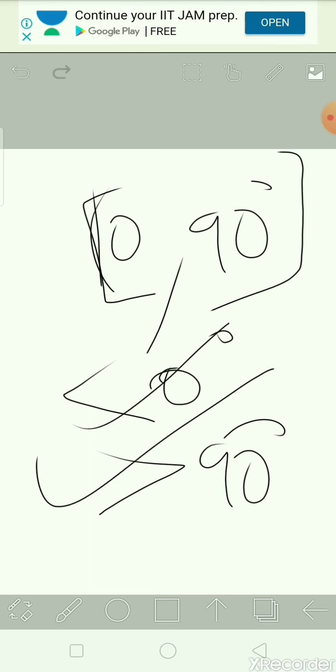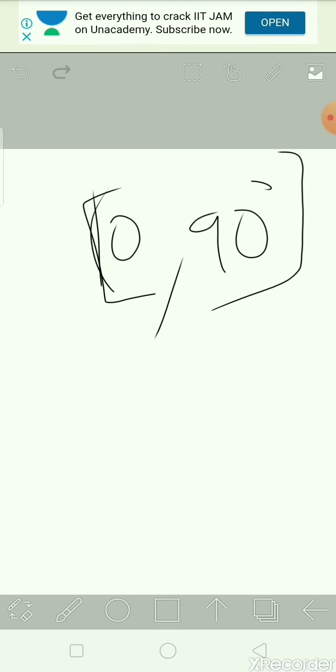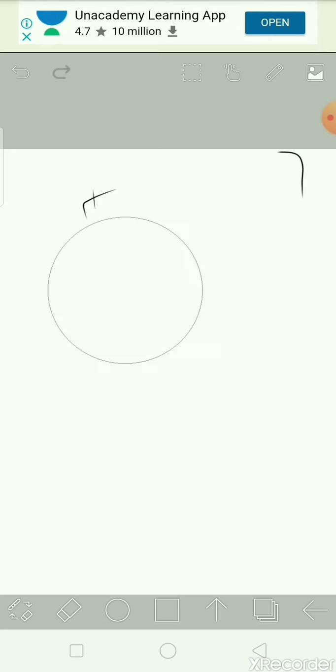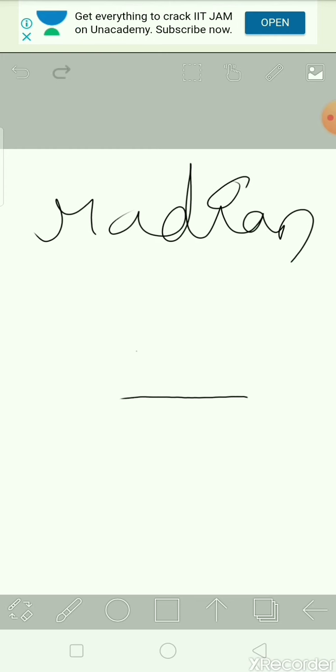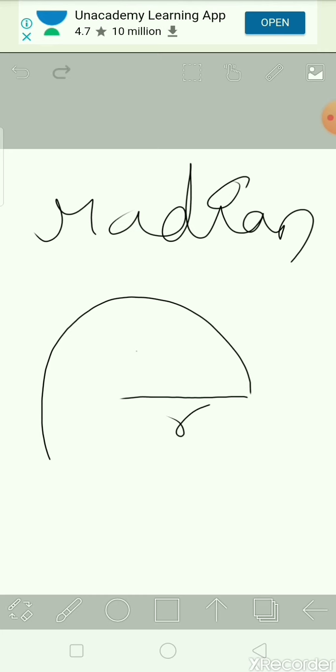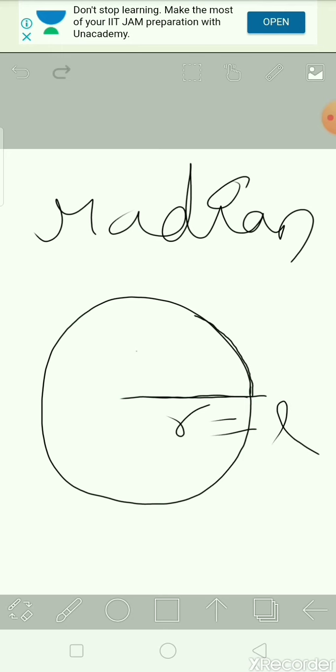So first of all, let's be familiar with the radian. Let's draw a circle of radius r. Let's draw another radius. Here the arc length is L. Here is another radius.